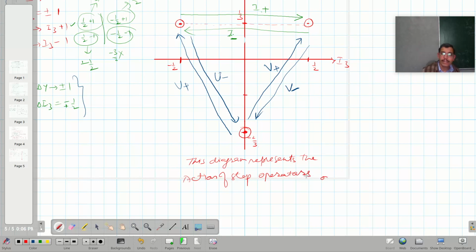And what are the step operators? The step operators are I plus minus, u plus minus, and v plus minus on the fundamental triplet.